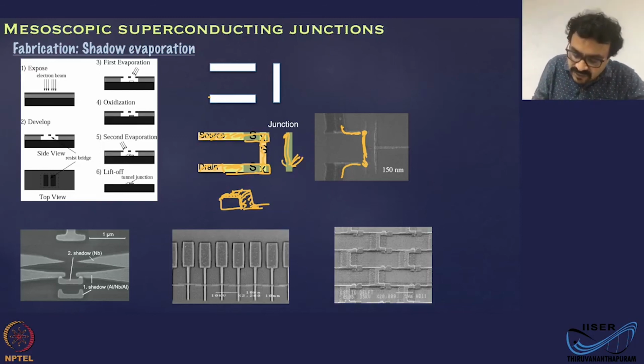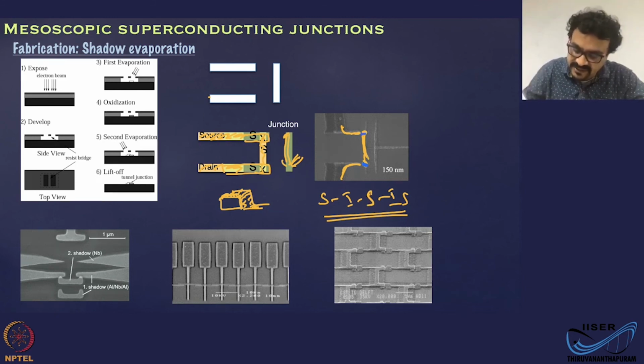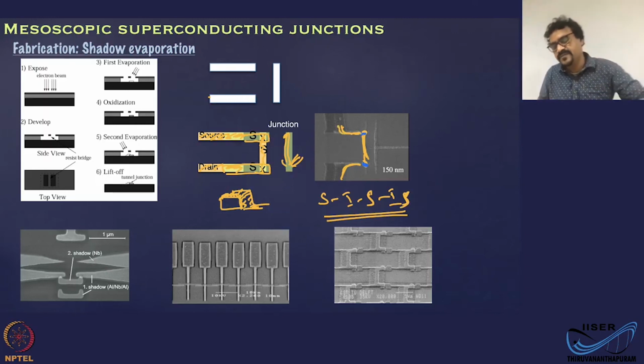So what we got here is a superconductor, insulator, superconductor, insulator, superconductor junction. You have superconductor, then there is an insulator, then superconductor, that is this part, then there is an insulator, that is this junction, then again you have superconductor, that is this part. Okay, so you got basically two SIS, superconductor insulator superconductor junctions by this process.